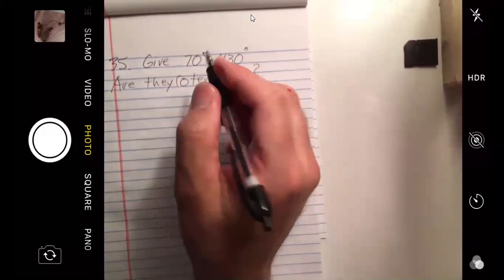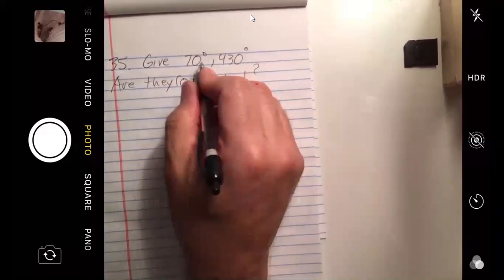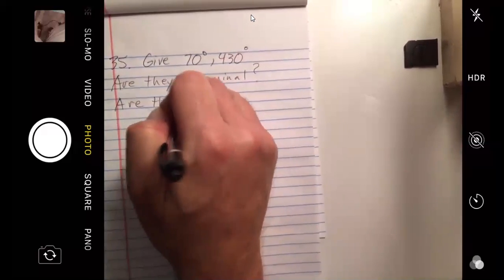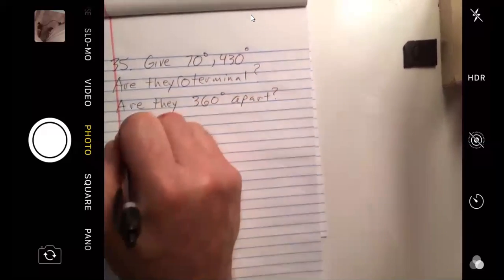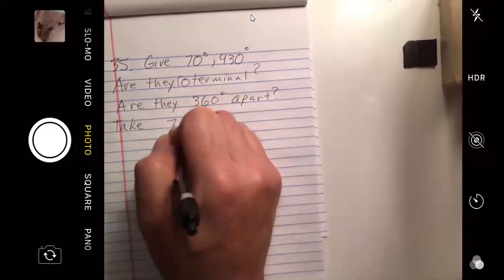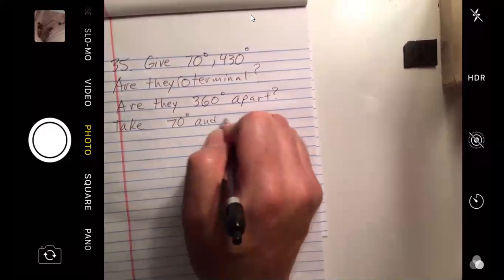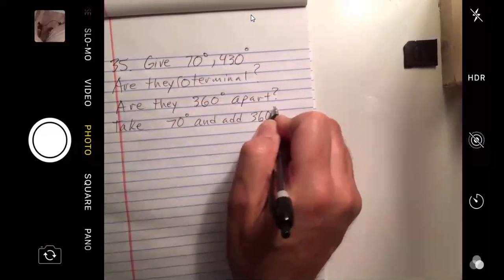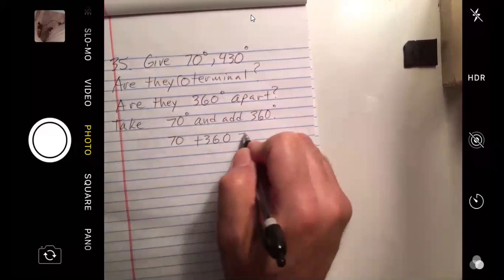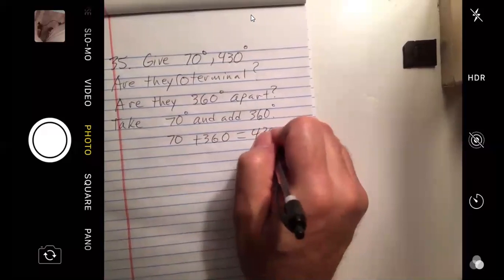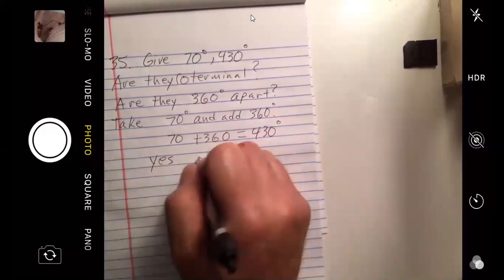Well, you could do it simply. You could start with 430, subtract 360. Point is, are they 360 apart? So I'm going to take 70 degrees and add 360. 70 plus 360 is 430 degrees. Yes, coterminal.